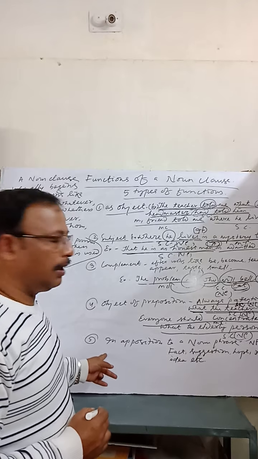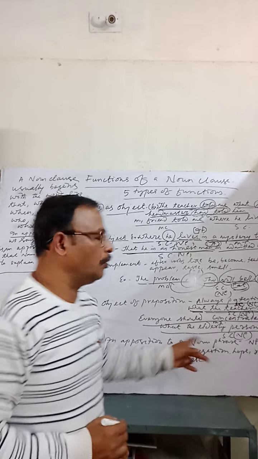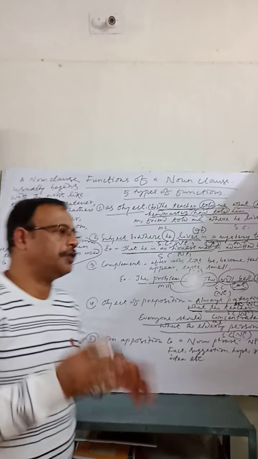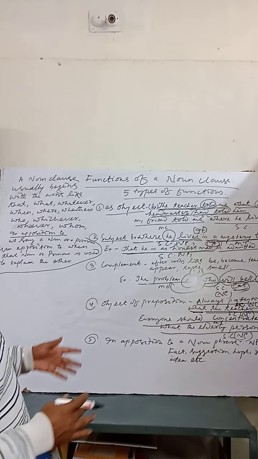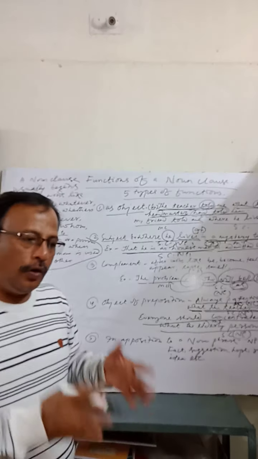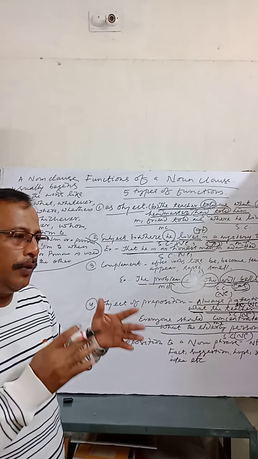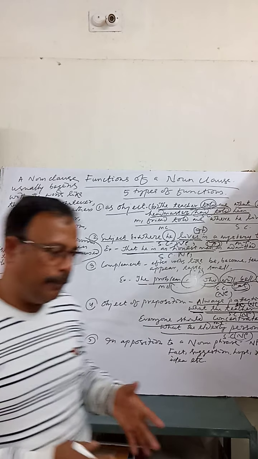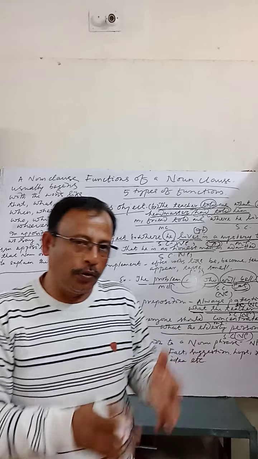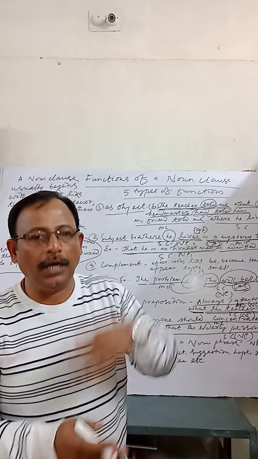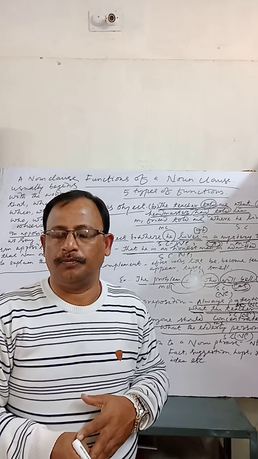The last one is in apposition to a noun phrase. What do we mean by in apposition to? In apposition to a noun phrase or a pronoun. We say it is in apposition to when that word is used to explain another noun or a pronoun.